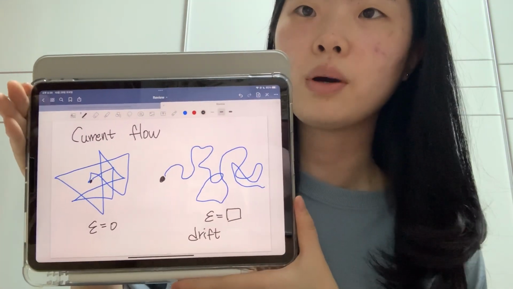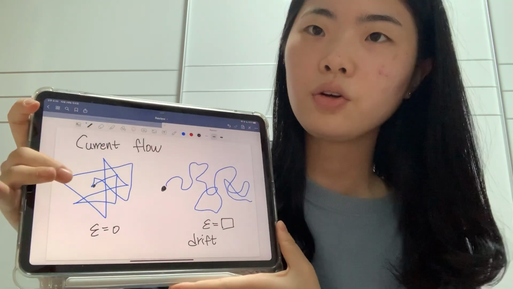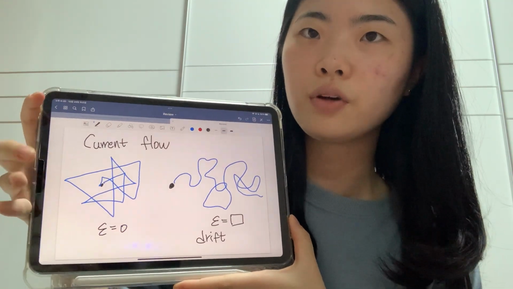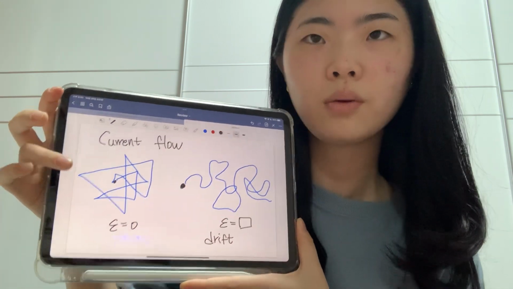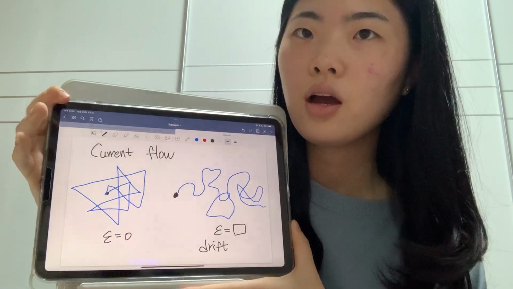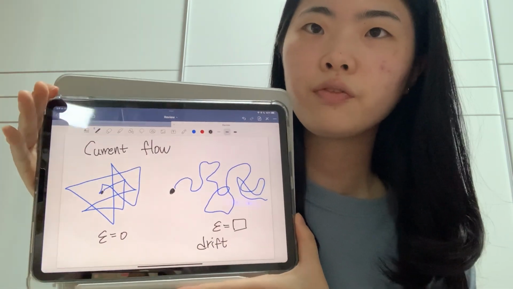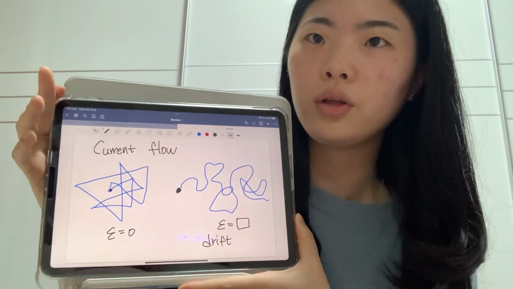Then let's talk about current flow. The electron can move in free space like this. If the electron collides with something, it can change its way. However, after finishing the moving, it comes back to the start point.